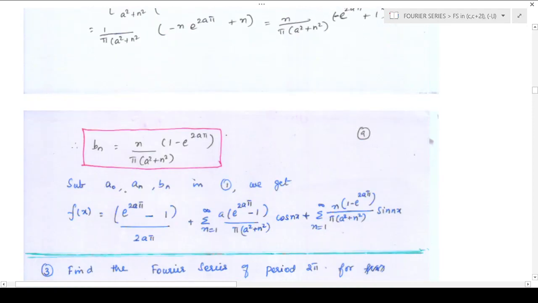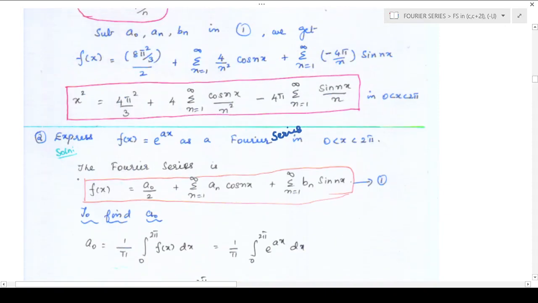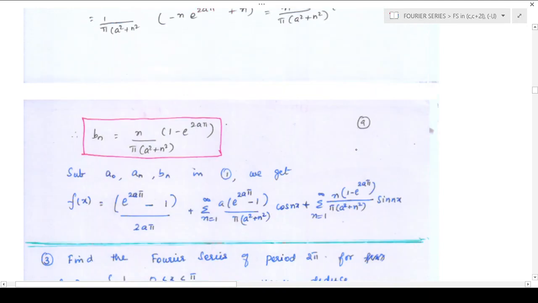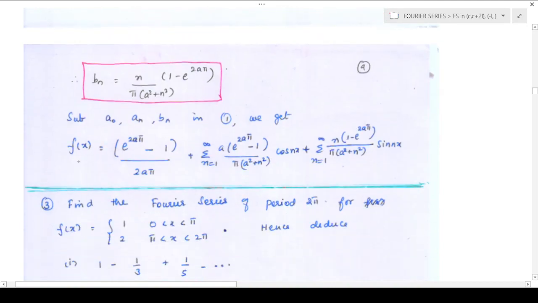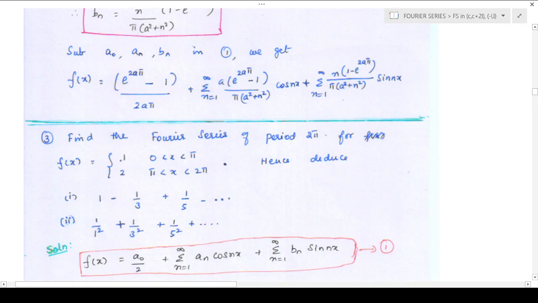So substituting a naught, a n, b n in the Fourier series which you wrote first, equation 1, that will be your required Fourier series for e power ax in the interval 0 to 2 pi, children. Now first time we are going to come across the convergence condition. We are going to deduce this series.